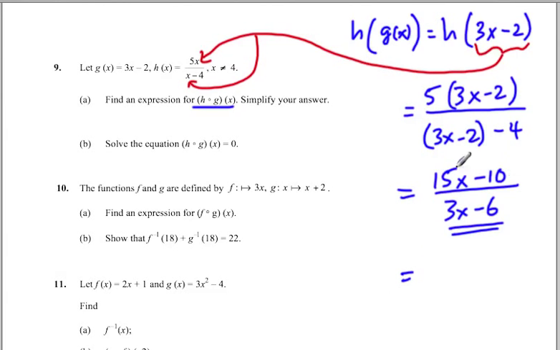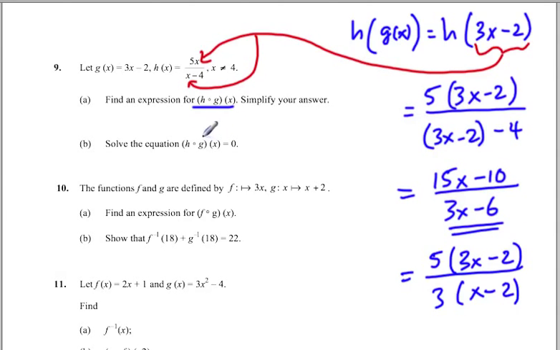If they ask us to simplify, we take out the factor of 5, so it's 3x minus 2, and then if we take out the 3 over here, it's 3x minus 2. No, this can't be simplified because you can't cross these out, because that's not a 3. So I would have just left it in this form, 15x minus 10 over 3x minus 6. So this is sufficient.